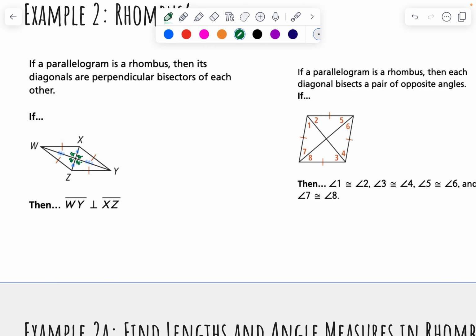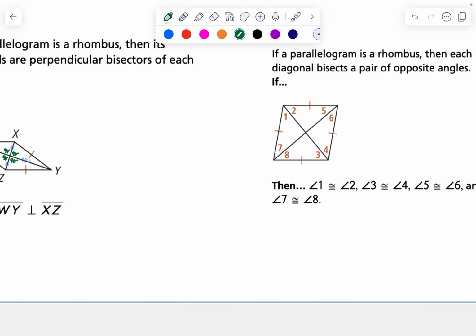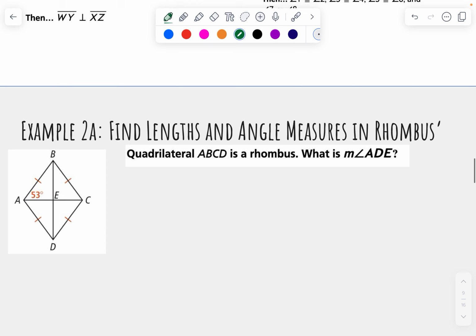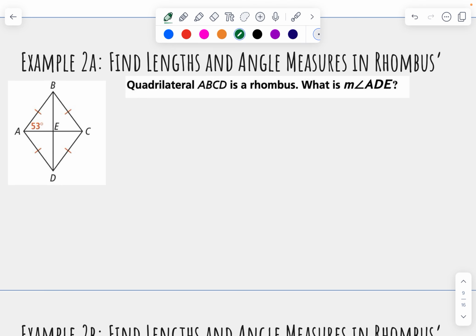We also know that the opposite angles are bisected. So that means angles 5 and 6 are the same, and 7 and 8. So 5, 6, 7, and 8 are all equal to each other, and 1, 2, 3, and 4 are all equal to each other.